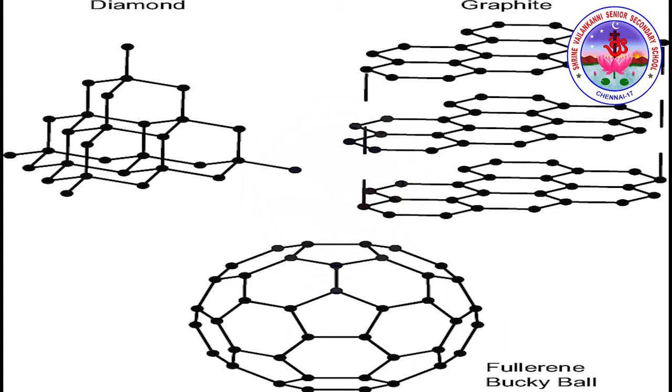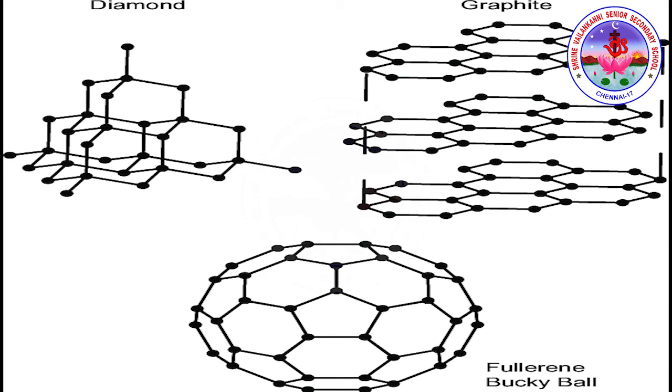One of these bonds is a double bond, and thus the valency of carbon is satisfied. The graphite structure is formed by the hexagonal arrays being placed in layers, one above the other. You can see the structure.